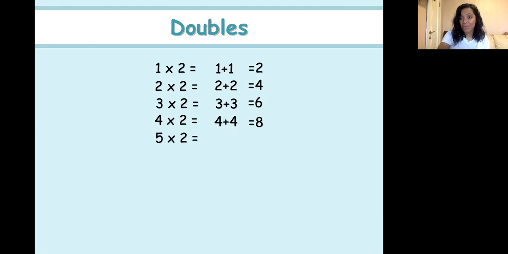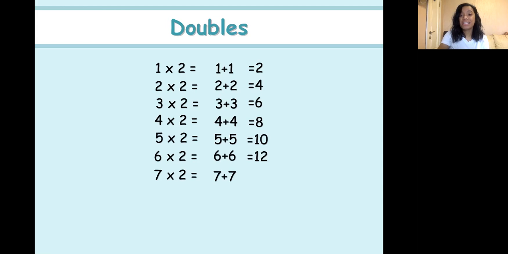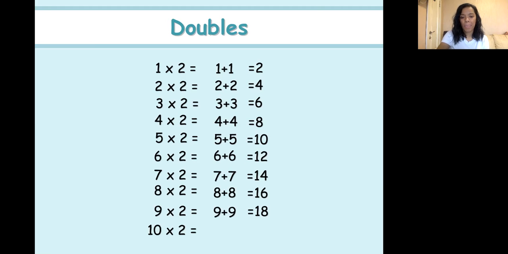So 5 times 2 then would be 5 plus 5. 5 plus 5 equals 10, okay? 6 times 2 would be 6 plus 6 equals 12. 7 times 2 would be 7 plus 7 equals 14. 8 times 2 would then mean 8 plus 8 equals 16. 9 times 2 would then mean 9 plus 9 equals 18. Leaving us with 10 times 2 is the same as 10 plus 10 equals 20.